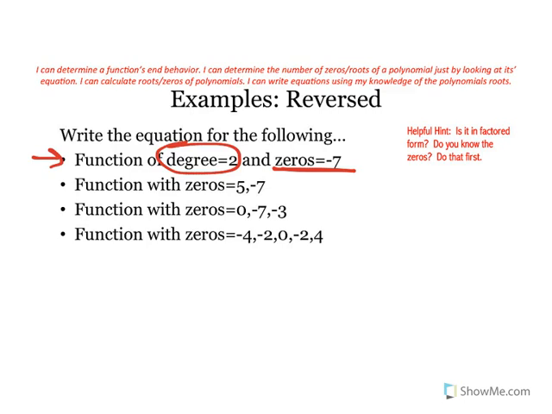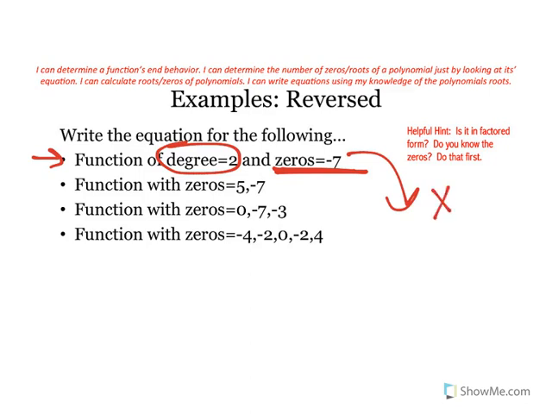Okay? And then my zeros are at -7, so my solutions are at -7. Now, there should be an immediate red flag or a cause for concern here because my function has the highest power of 2, so how many solutions should it have? Okay. It should have 2 solutions, and yet they only gave me one at -7. What does that tell you about -7?